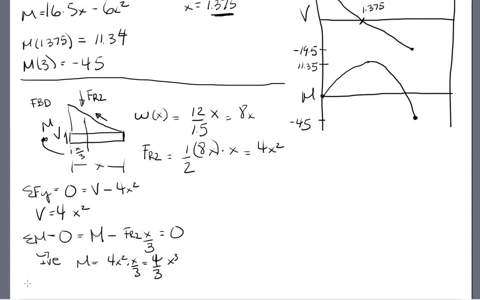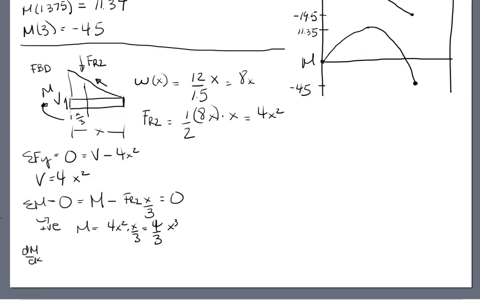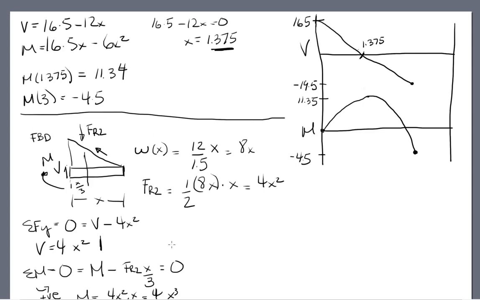Remember, dM by dx equals V. So when we differentiate M, we get V. Once you know V, you don't even have to do anything else. Once you know this complicated method, it's really the way to go to solve this problem.